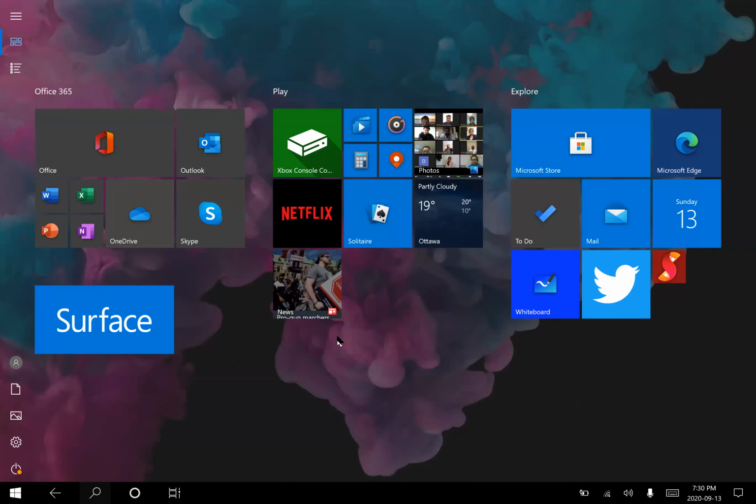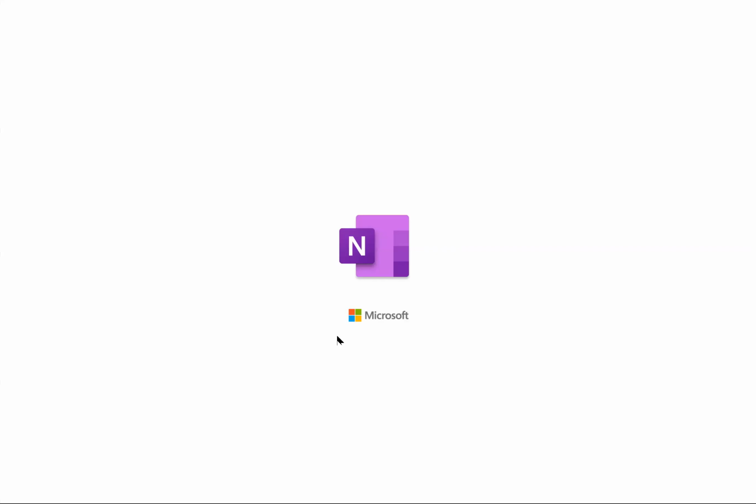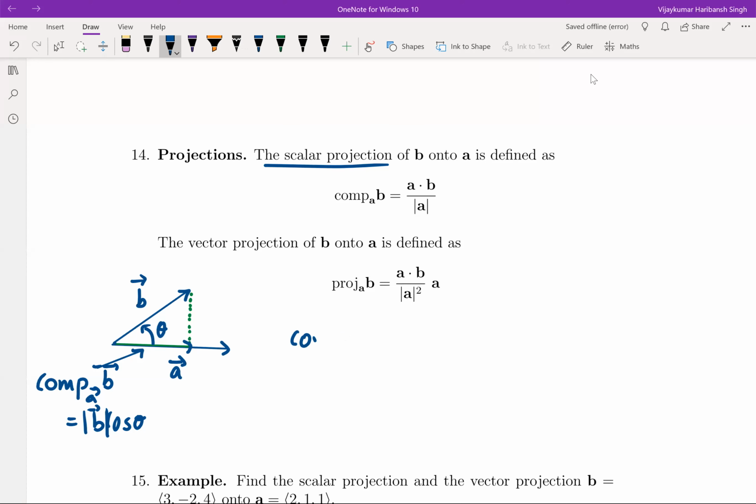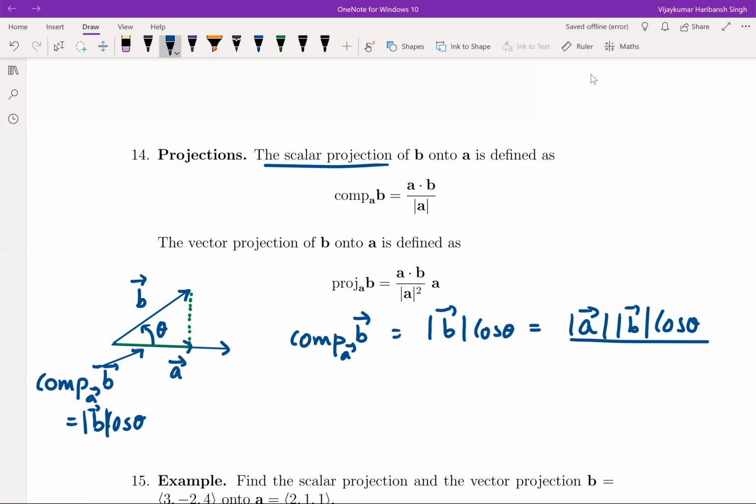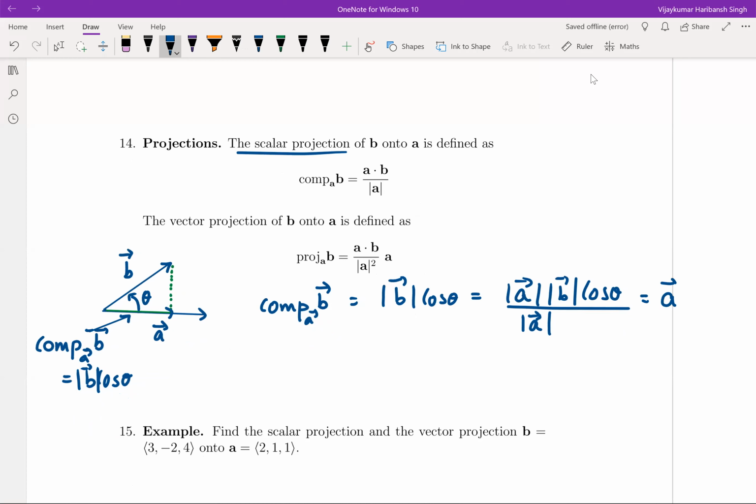One way to call this is the component of B along A. The scalar component of B along A is given by B cos theta, which is going to be, divide and multiply top and bottom by the length of vector A, and that can be seen as A dot B over the length of vector A. So this is how we find the scalar projection.